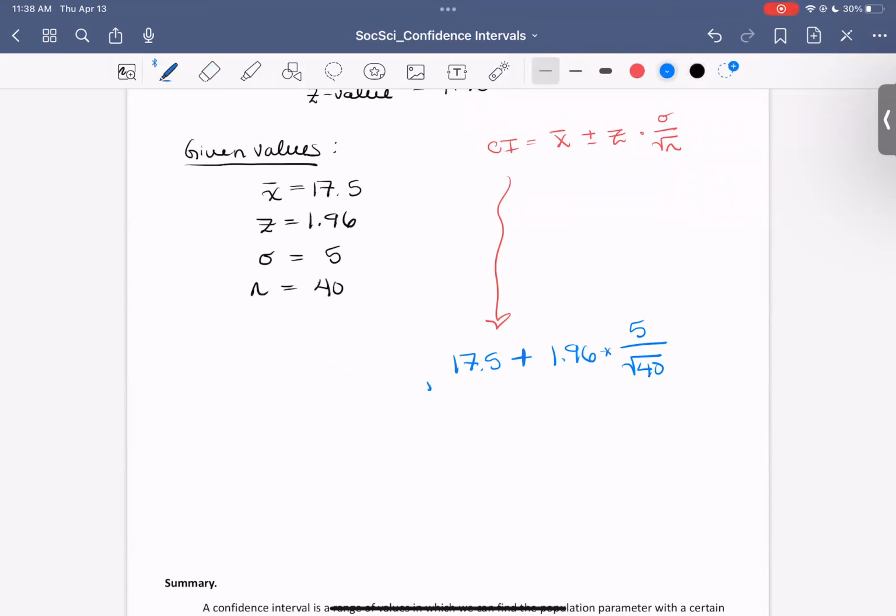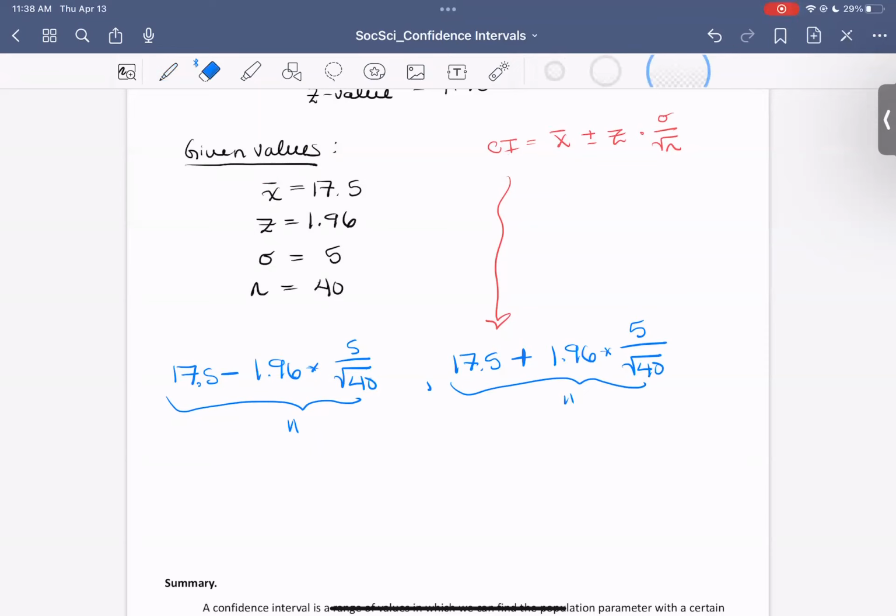All right, so then our lower bound would be 17.5 minus 1.96 times 5 over root 40. So what I'd like you to do is pause the video and go ahead and compute these two values on your own. And then when you have a solution, continue the video and compare your work.